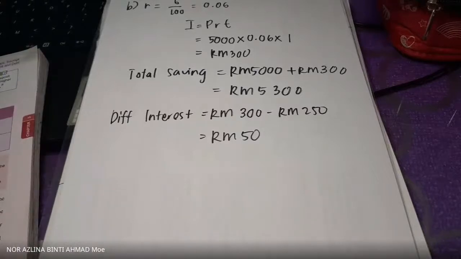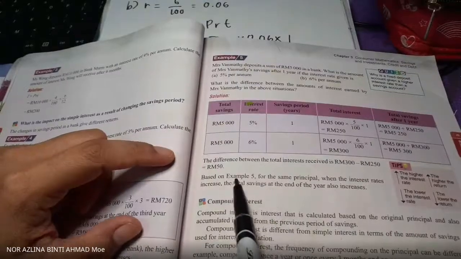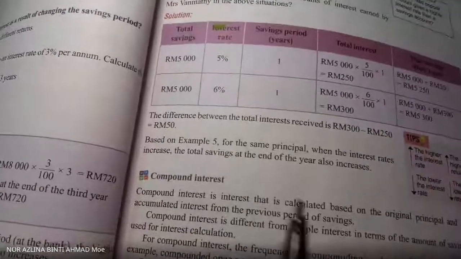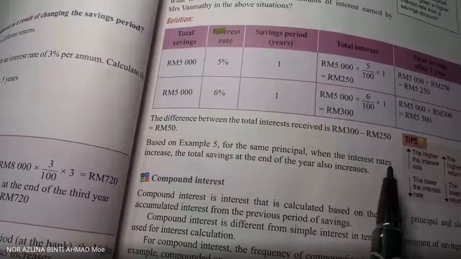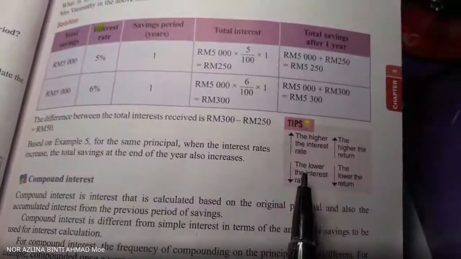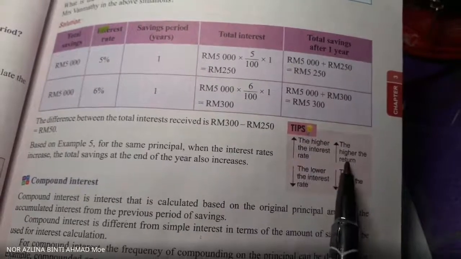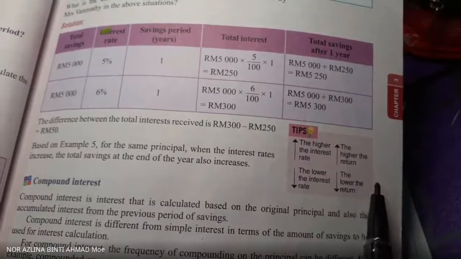Okay, look at the sentence here at this row. Based on example 5, for the same principal, when the interest rate increases, the total saving at the end of the year also increases. So this is the important tip. The higher the interest rate means the higher the return. The lower the interest rate means the lower the return.